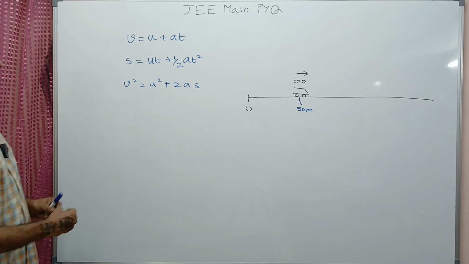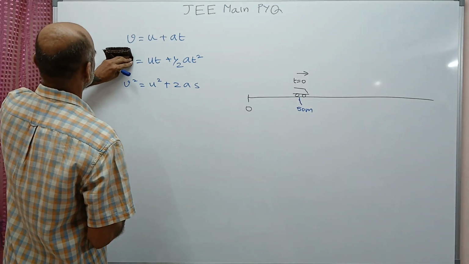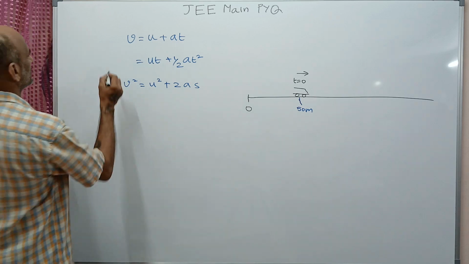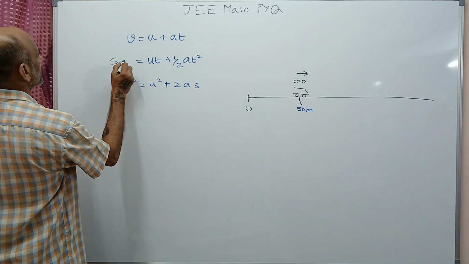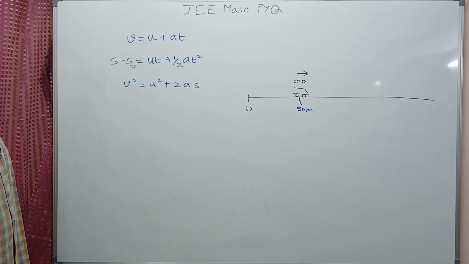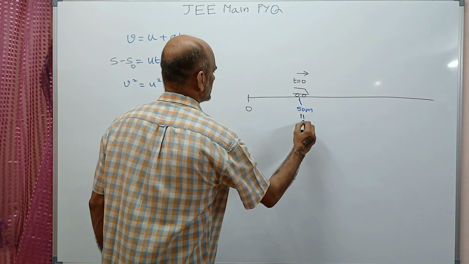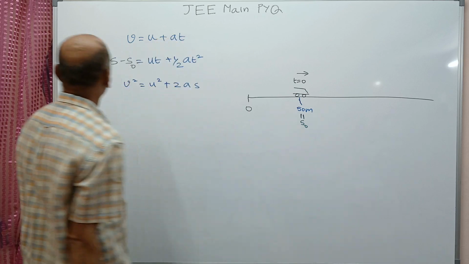So this equation should be modified: instead of s, we should have s minus s naught, where s naught is the initial displacement. So this 50 meters is the initial displacement, called s naught.